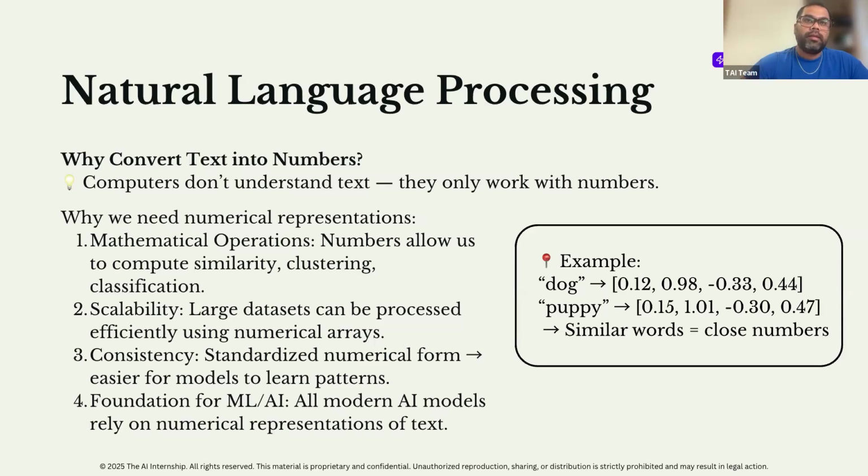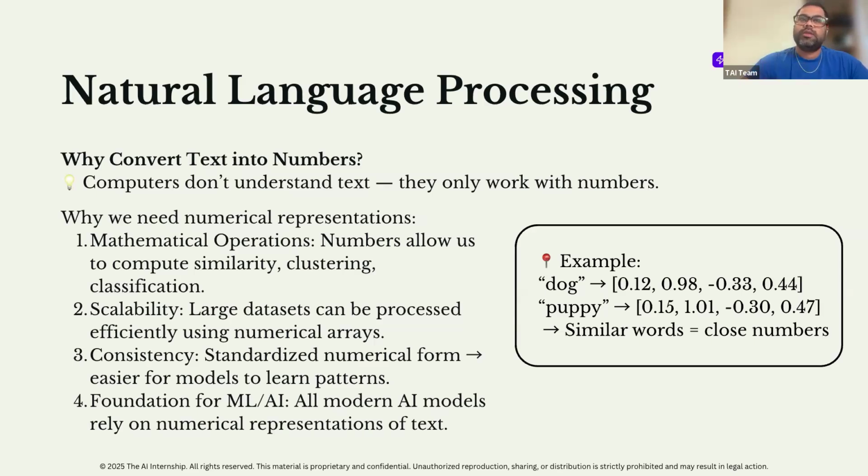And then to have consistent storage, so you know the actual representation of the text, and you can zip them and transfer them. So you can do quite a lot of calculations around the text in a more consistent way. Also, almost all modern AI and ML models are based on numeric representation.